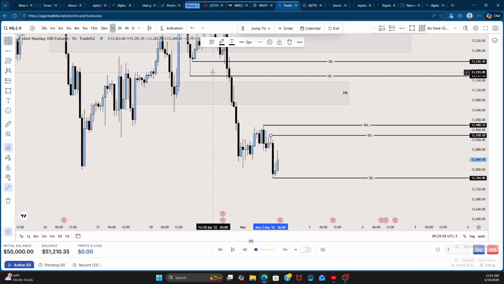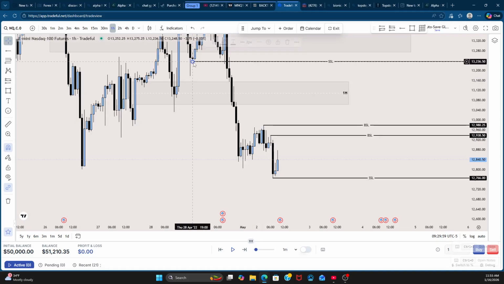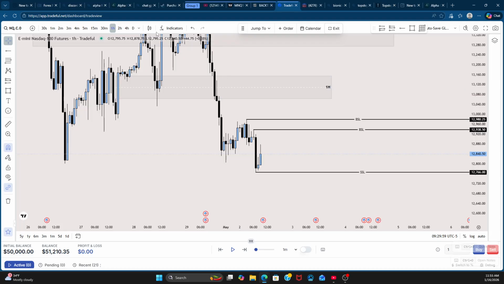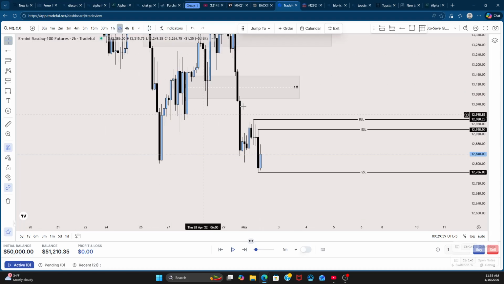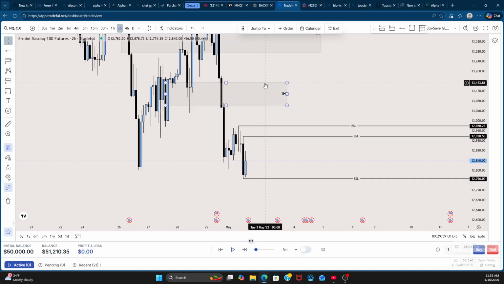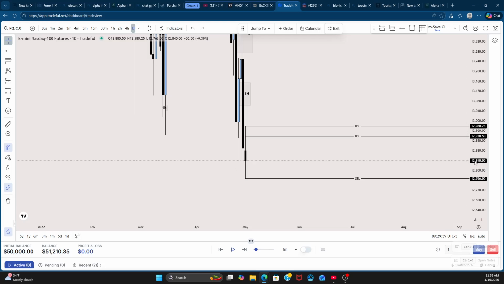Take it into the live market, make two refinements, and then take that into the live market. The goal from there is just keep compounding, keep focusing on growing, and overall, the goal would be a 70 to 80% win rate by the end of the year, which would be insane. So let's just look at the daily first off.